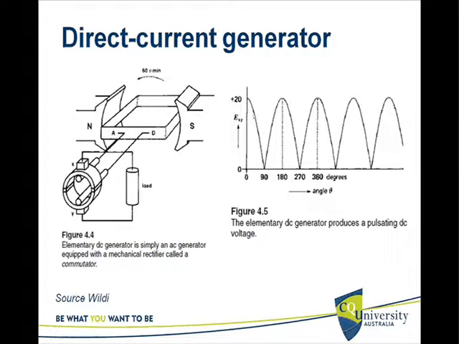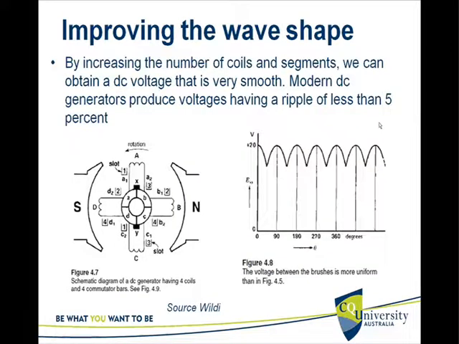Now suddenly we've got a DC generator, because as you could see now, there is no negative half cycle. The induced EMF is only positive. Of course it touches 0, but it doesn't become negative. Now the challenge is, this is not constant, so it fluctuates. So how could we get a better voltage signal, improving the wave shape?